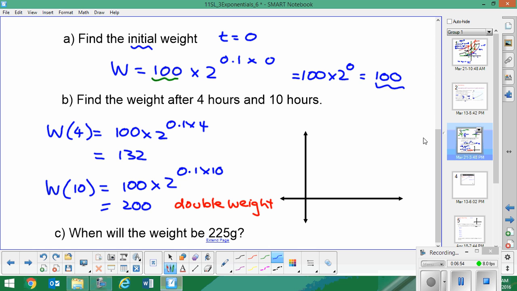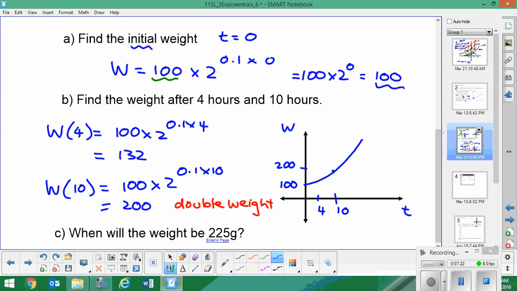If you do a quick sketch, it's going to be increasing like this. This is our 100, and we need to scale, here we go, at 200, so that must be 10 down here, with time on one axis and weight on the other. All right, so that's what your graph would be looking like.